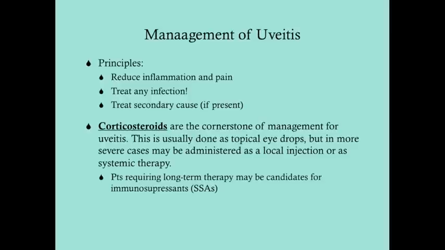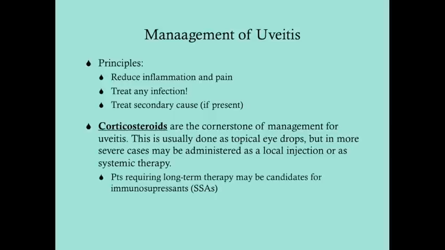So eye drops can only be given for mild cases of anterior uveitis. If it's anything worse, or if it's intermediate or posterior or panuveitis, you're going to need to give an injection or systemic steroids.